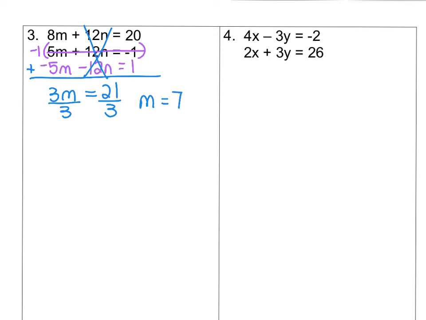So then pick an equation, either equation that you want to plug it into. It does not matter, it should work for both of them. I am going to choose that top equation of 8m plus 12n equals 20. And I am going to plug in 7 for m.